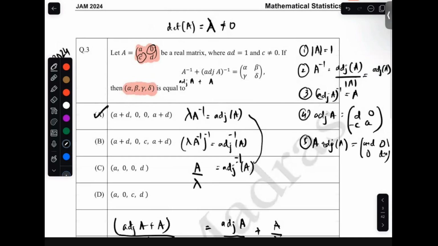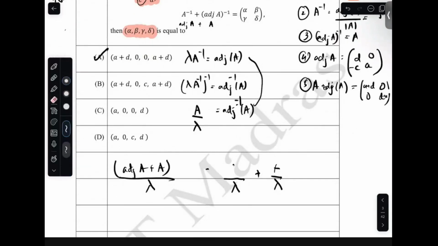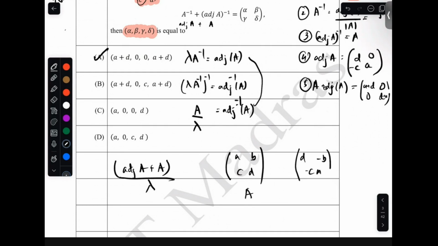And if you do adjoint of A here, let's do adjoint of A, even if it's a general A, B, C, D. This is A, the adjoint of A will be what? D, minus B, minus C, A, right? So even if you do here, this turns out to be what? B cancels if you add them up.